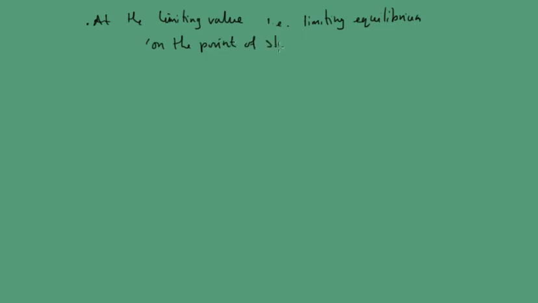At the limiting value, i.e. limiting equilibrium, we can use the phrase on the point of slipping. This means that any extra force will make the object start to move.